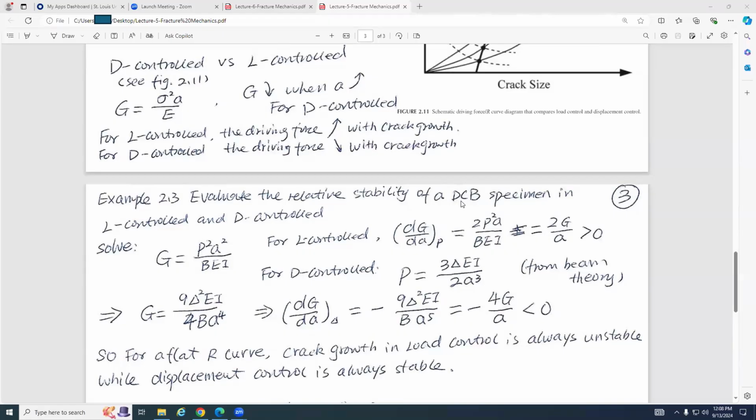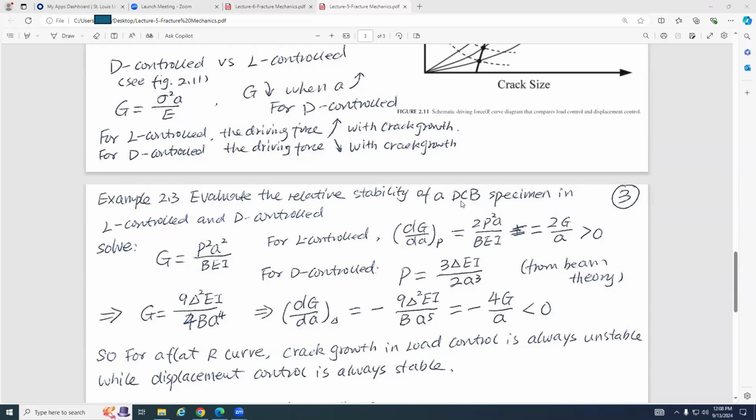Here's a crack, and here's a load P, and here's a load P, and this is called DCB, double cantilever beam.